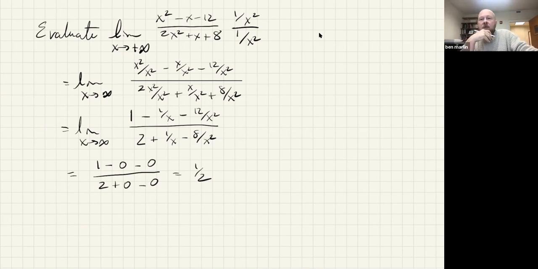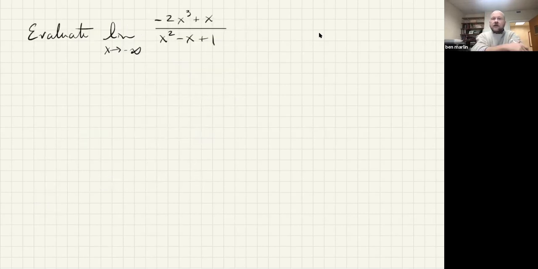If you know the rule about dividing the leading coefficients, great, you can use it on this one. On the next one, you may not be able to, okay? So if y'all are good with that, that doesn't require a graph. That is going from first principles, and these limits here are a special limit that we're allowed to just remember.